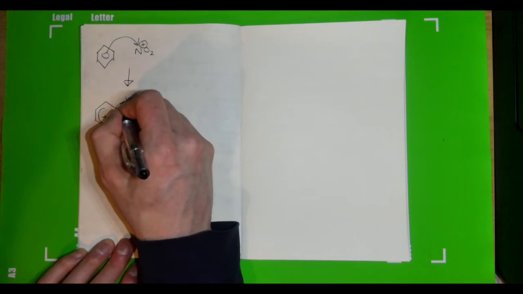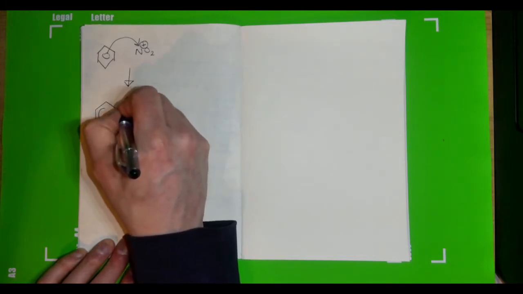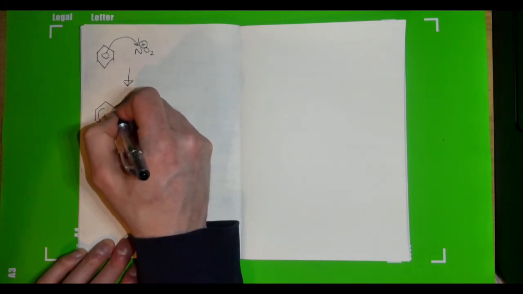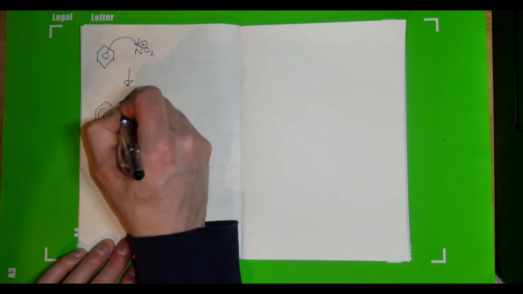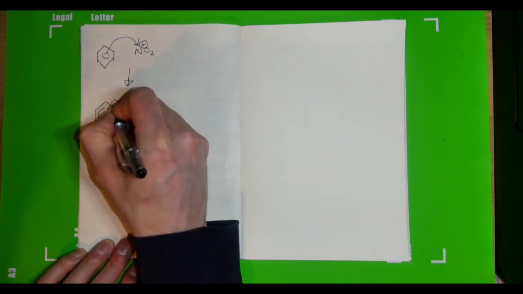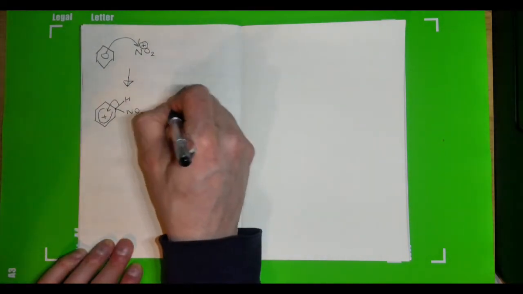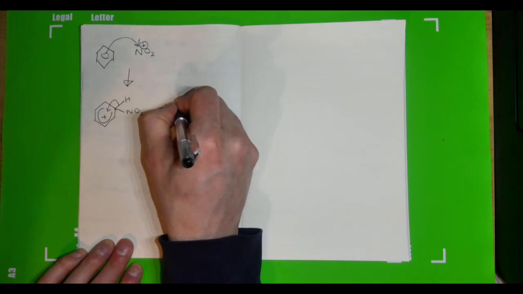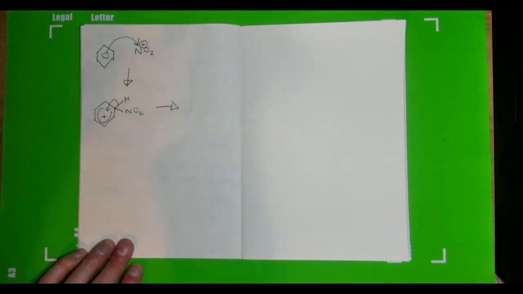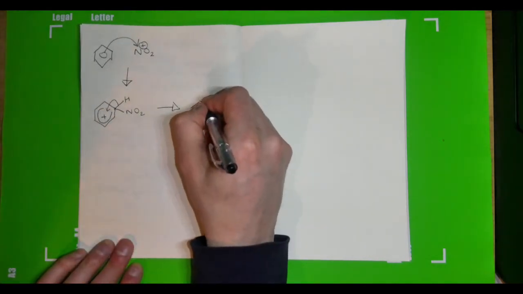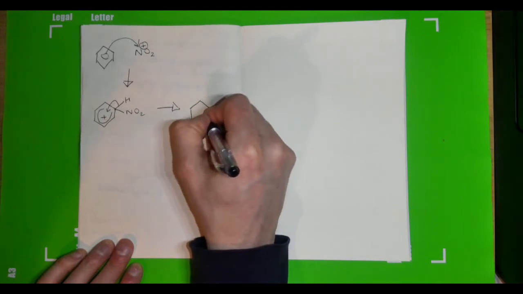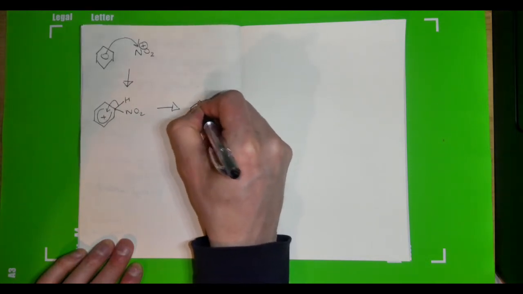So what we do now is we reform the delocalized ring system between that carbon there and that hydrogen there. That's where we start the curly arrow, and it finishes up by reforming the ring system there. So we've got a complete circle there.